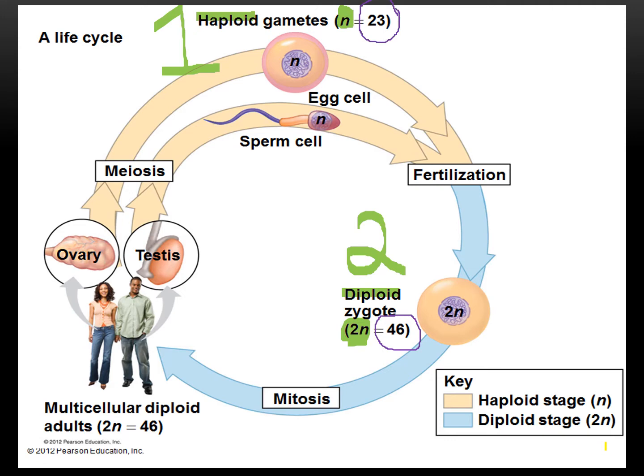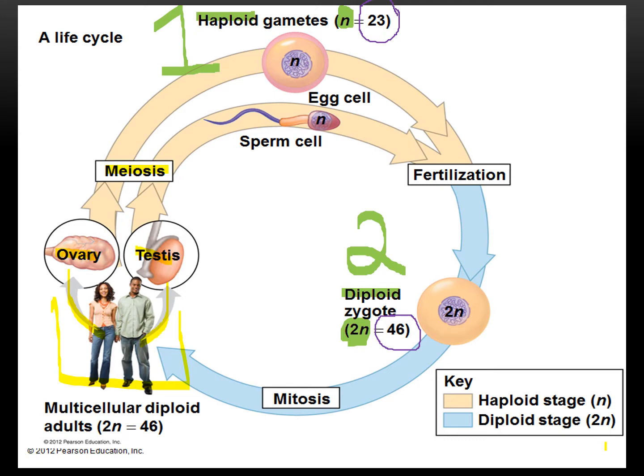If we now take our attention to this image, we can see that the process of meiosis is taking place in your ovary for a female and in your testis for a male.